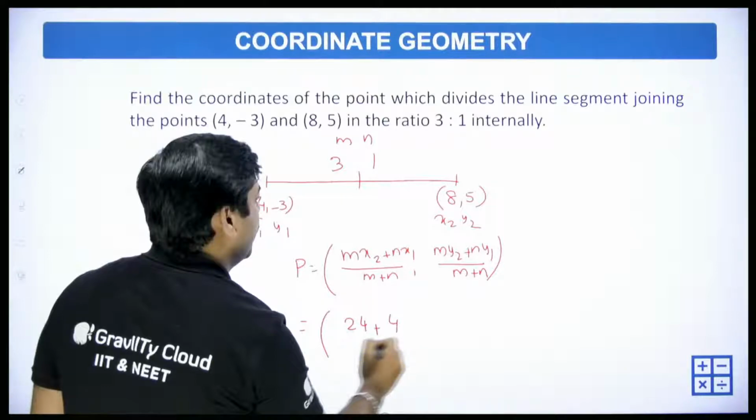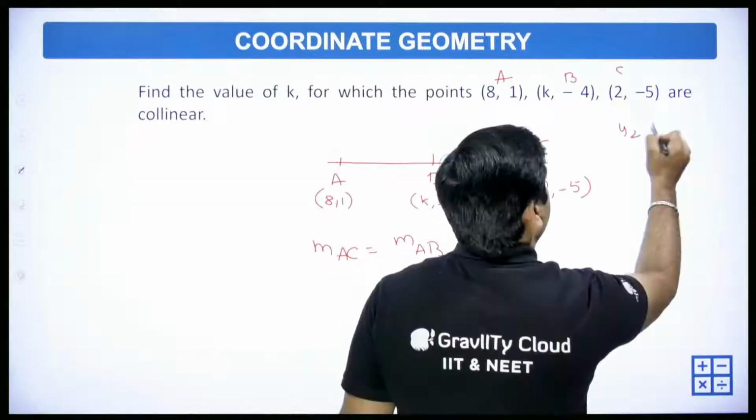That means the inclination of AB and BC will be the same, right? So I can say that the slope of AC, the complete line, is equal to the slope of AB. You can also equate the slope of BC, whatever it is. Okay. So what is the slope of AC? How to get that? What is the slope formula? y2 minus y1 by x2 minus x1.